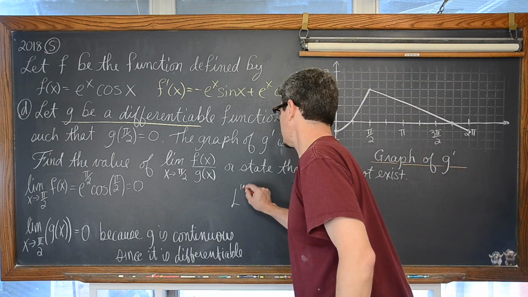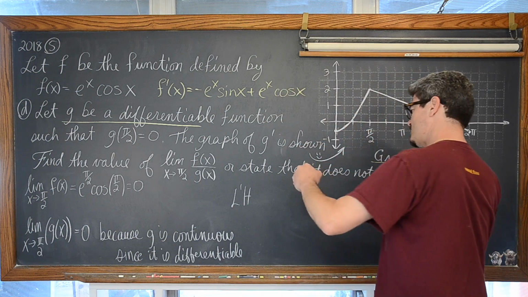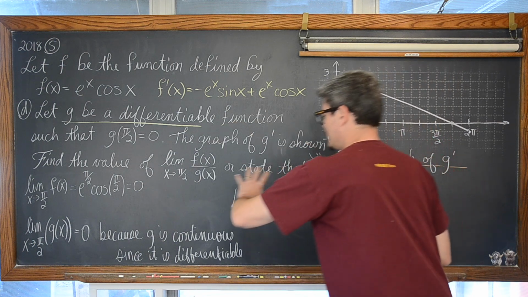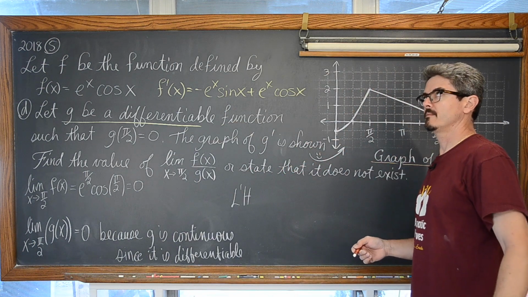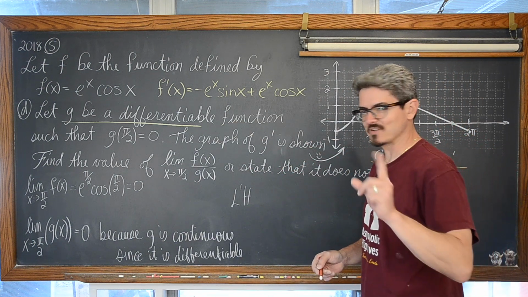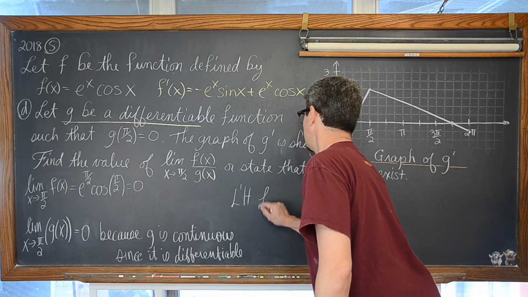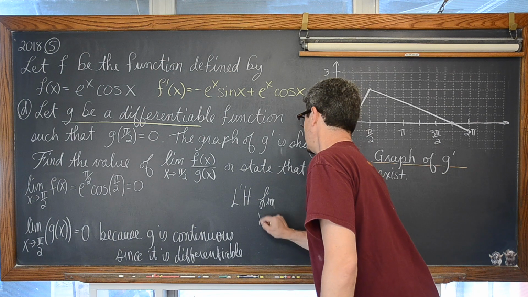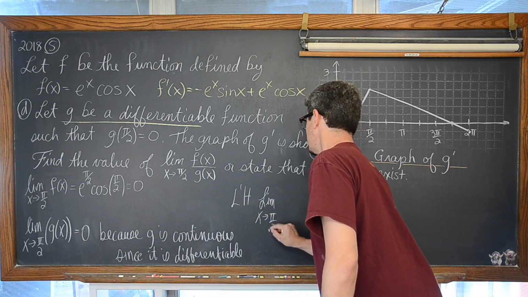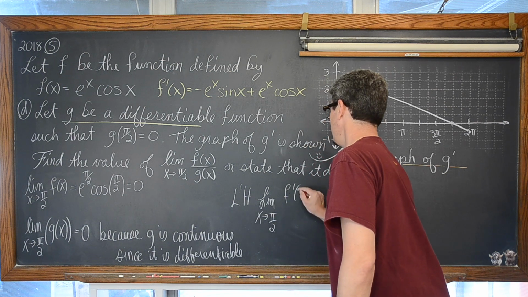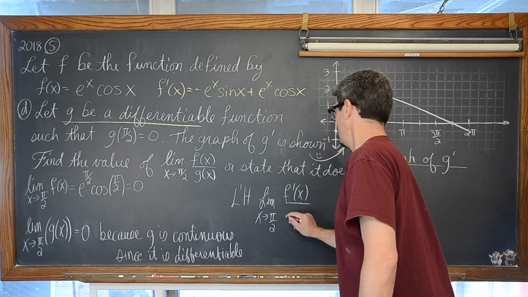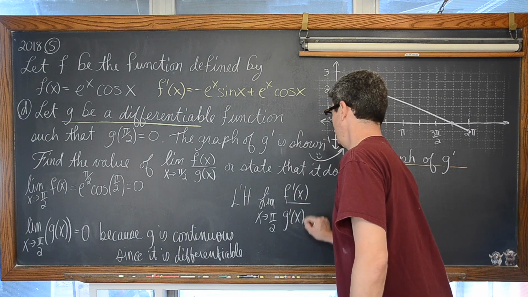So we're going to apply L'Hopital's rule, which means we take the derivative of the numerator and the derivative of the denominator individually. So now with L'Hopital's rule, we're going to evaluate the limit as x approaches pi over 2 of f prime of x over g prime of x.